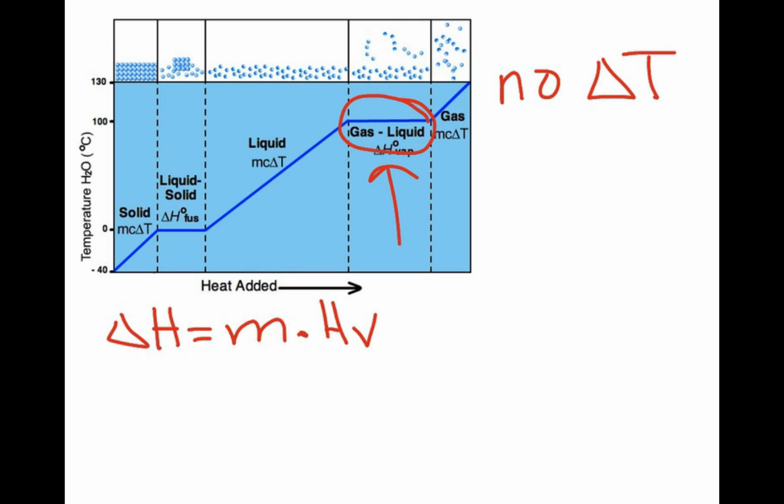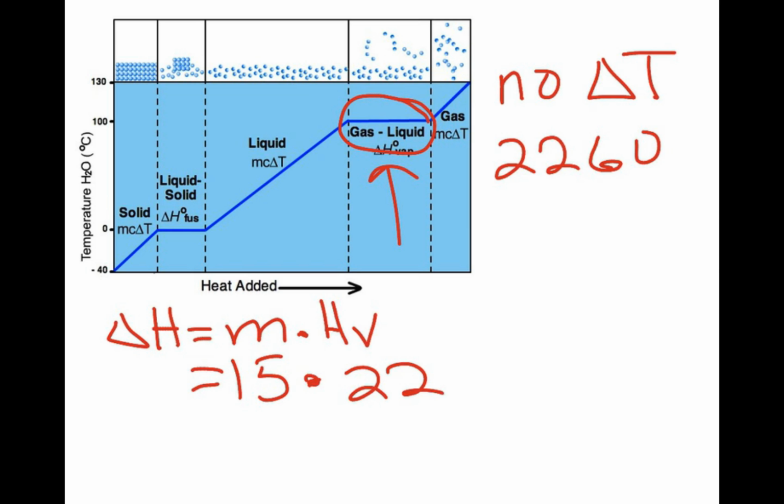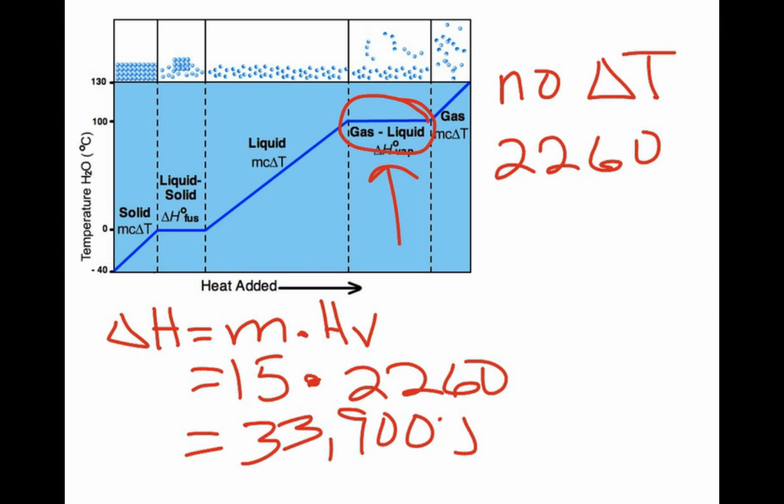Now the heat of vaporization of water is a constant. Again, that'll be given to you, 2260 joules per gram. And we have 15 times 2260. And when we multiply that together, we get 33,900 joules of heat are needed just to vaporize the water.